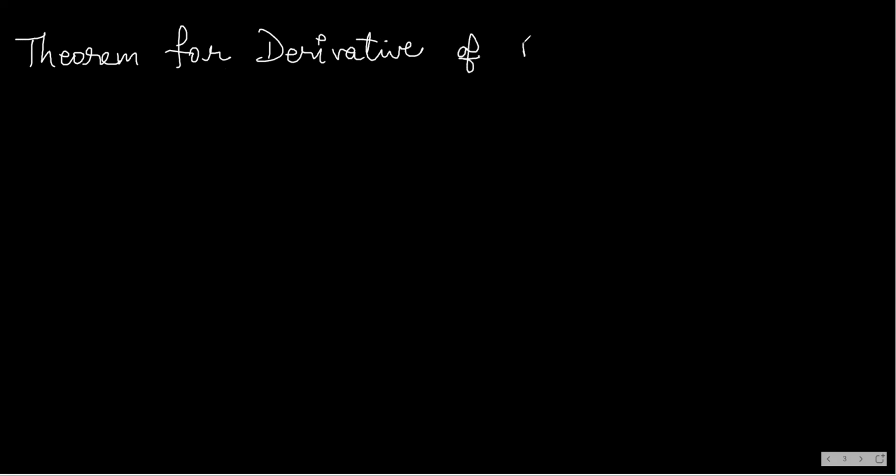So I will now state the theory that we are going to use for the derivative of parametric functions. So the theory will go like this. Here I write: Theorem for derivative of parametric functions.